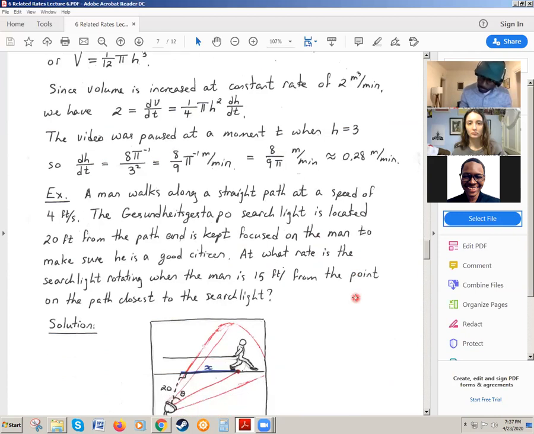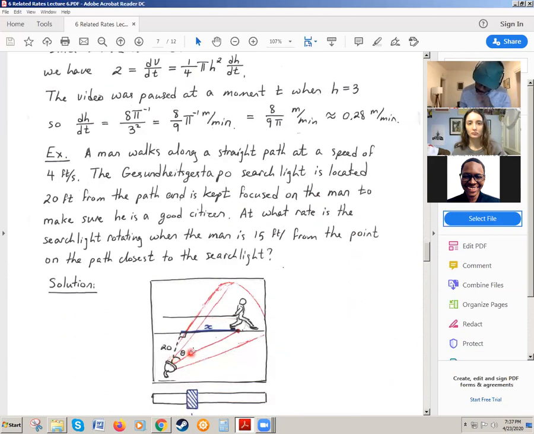So here is the picture, very much relevant to our time. This person is walking out of his house. We have to be sure that he is basically saving people. So you can see that here is 20 feet away from the wall. That's where the searchlight is, and the searchlight has to follow the man as the man is walking.